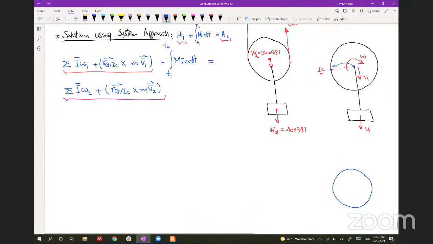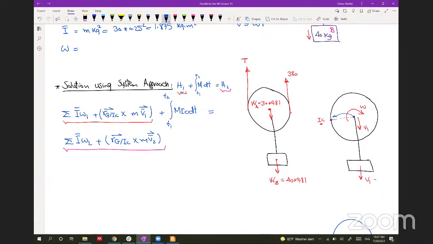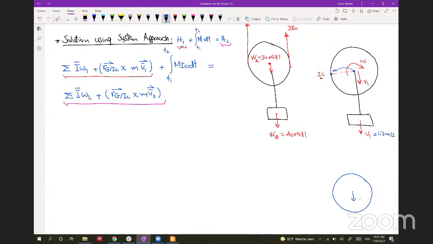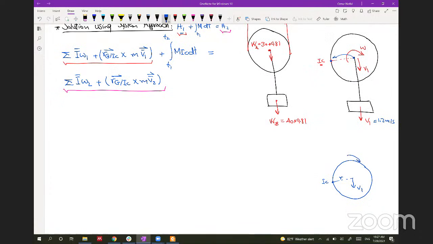We know that this body is making V1 equal to 1.2 meter per second. So this body will have another V1, which is equal 1.2 meter per second. And we know that this is an instantaneous center, which this is R. And we know that there is an omega here. So V1 will be equal to omega multiplied by R.